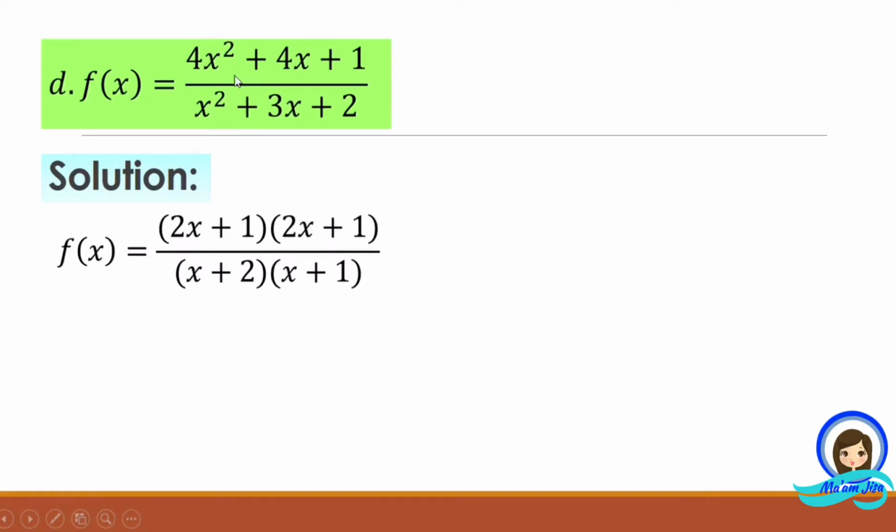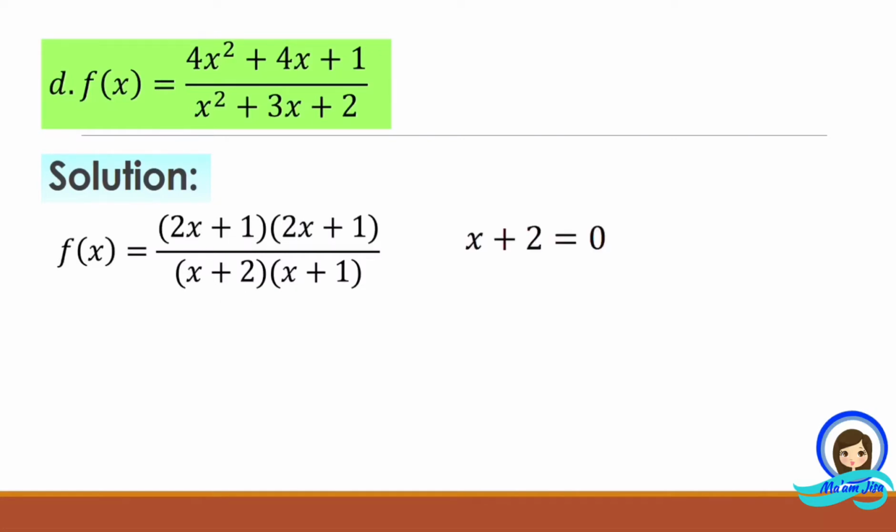So 4x squared plus 4x plus 1 is just equal to quantity 2x plus 1 times quantity 2x plus 1, while x squared plus 3x plus 2 can be factored to quantity x plus 2 times quantity x plus 1.